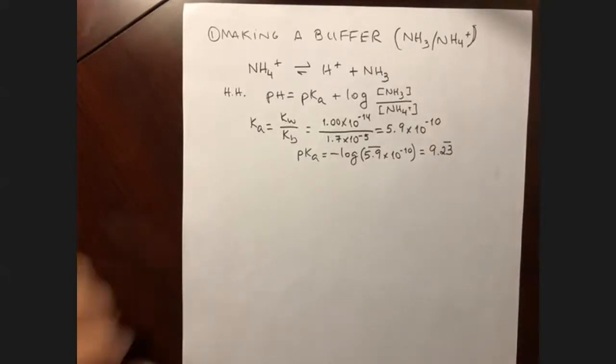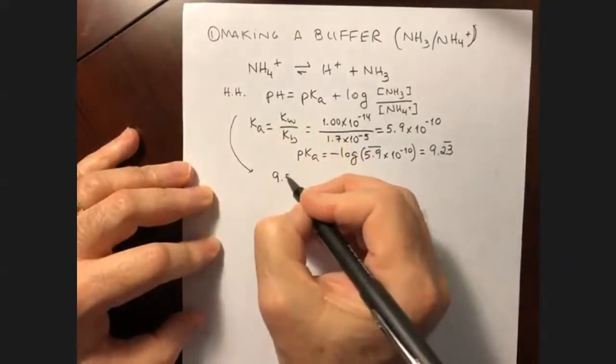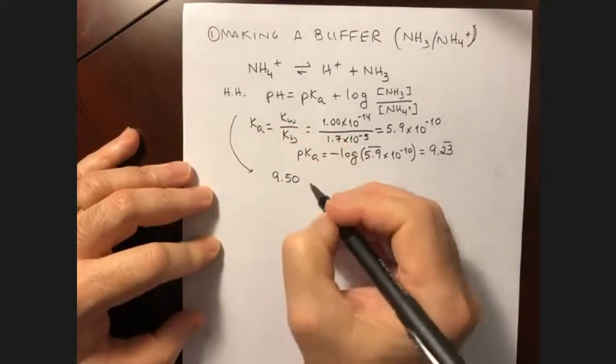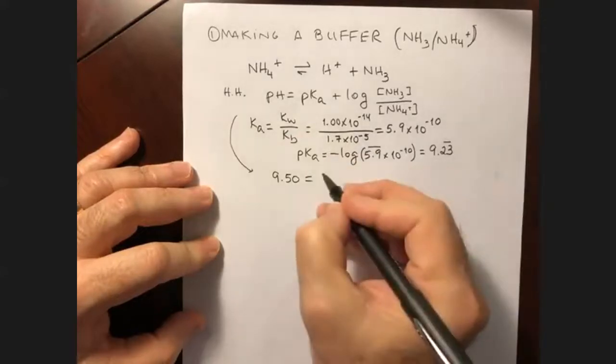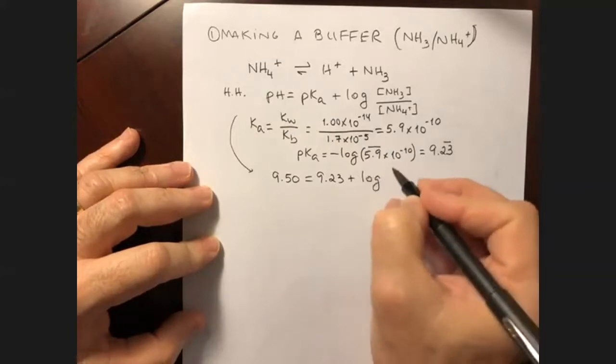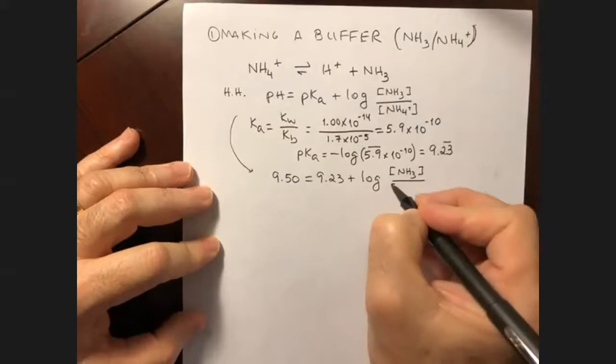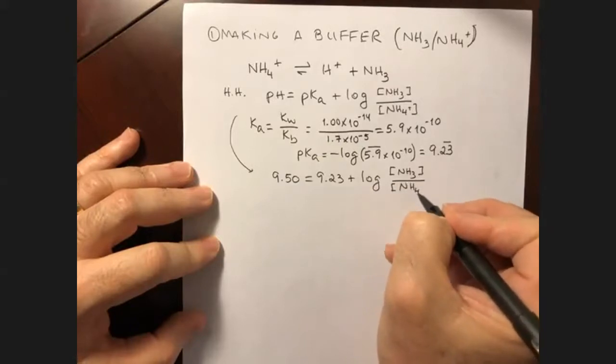All right, so let's go back to Henderson-Hasselbalch. Our pH target is 9.50, and that would be 9.23 plus the log of base over acid.